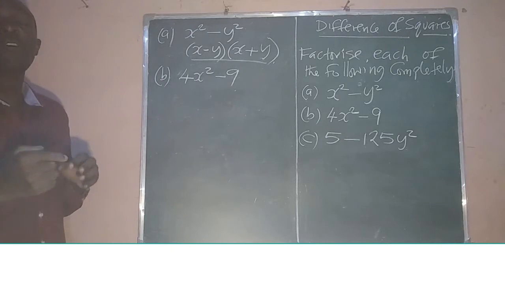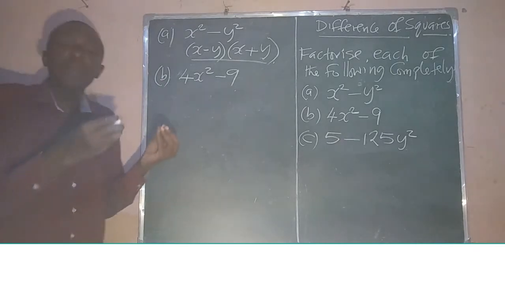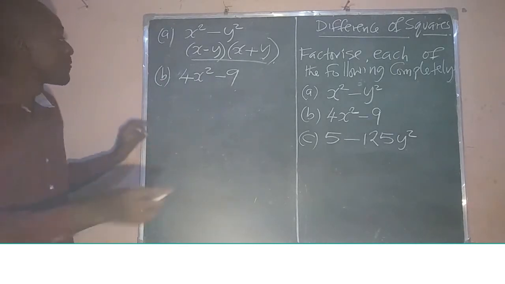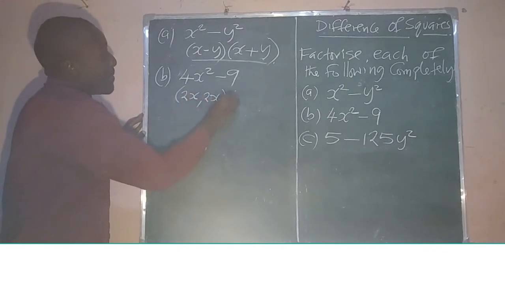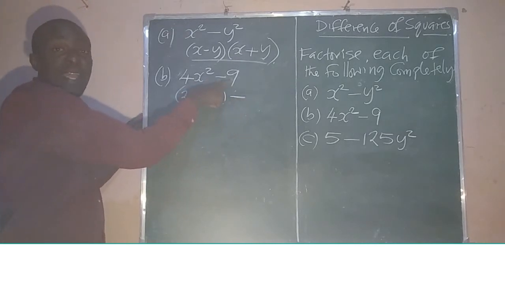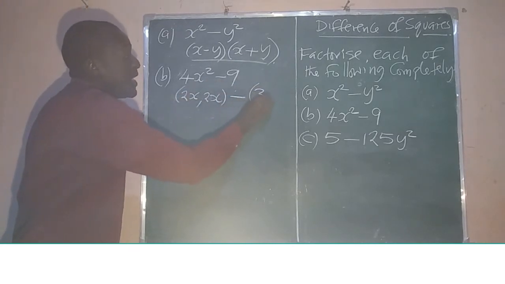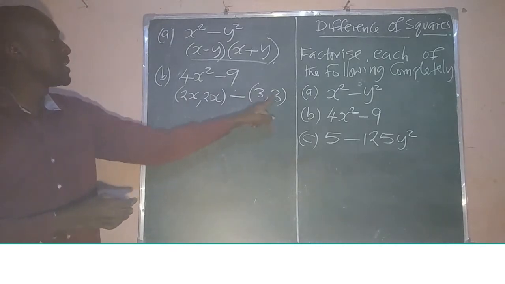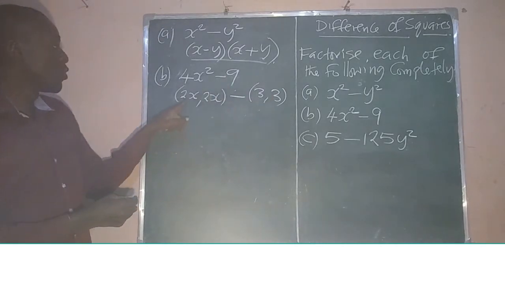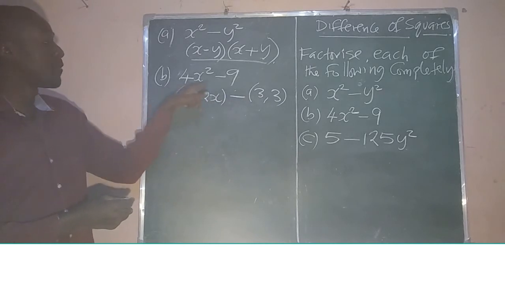The square root of 4 is 2, meaning when you multiply 2 times 2, you get 4. So we are going to have 2x times 2x minus the square root of 9, which is 3, so 3 times 3, because 3 times 3 is 9. Here when you multiply 2x times 2x, you get 4x squared.